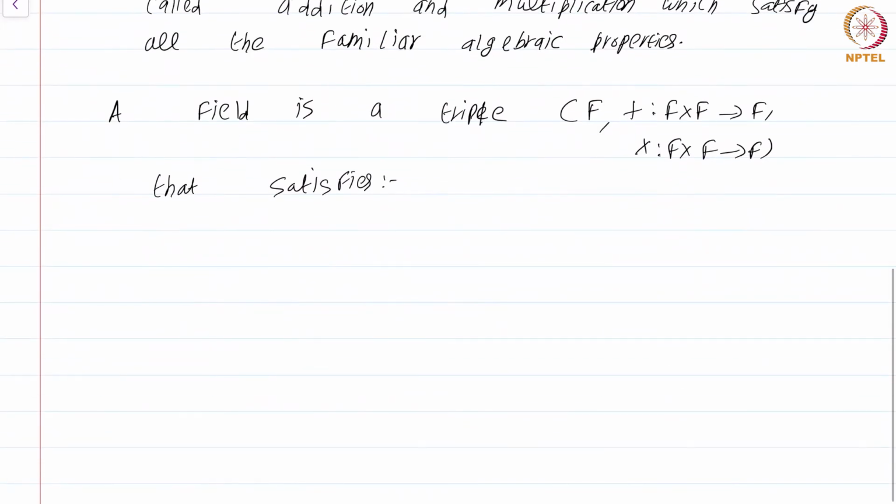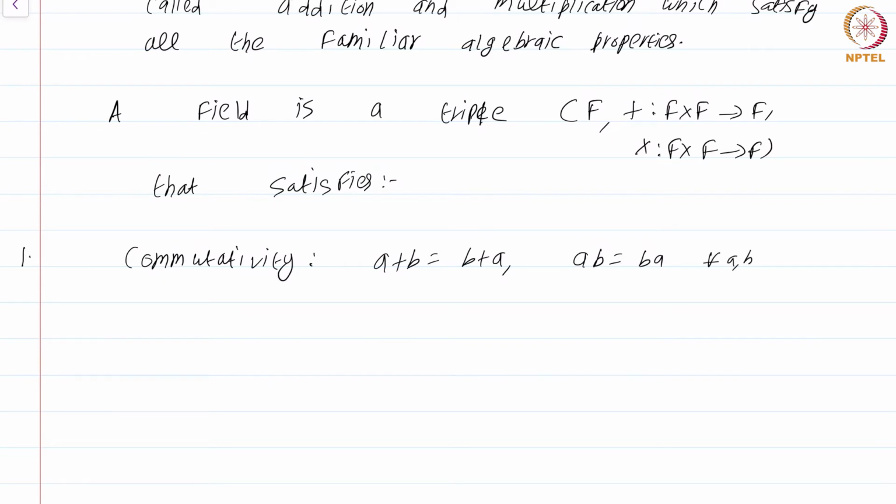1. Commutativity. First property, that is a plus b is b plus a and ab is ba for all a, b in F. This is the first property.